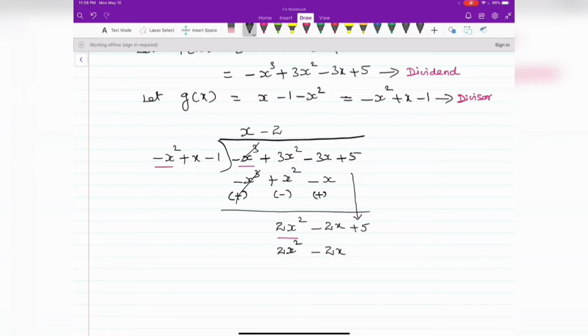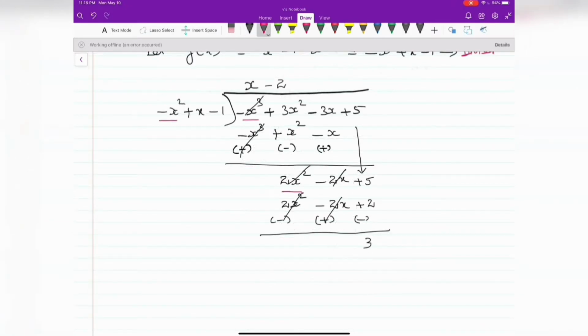Then minus 1 into minus 2 will give plus 2. Now what will happen? The sign will change. So I will be getting here minus sign, in this place plus sign, and here it is minus. Plus 2x square minus 2x square will get cancelled. Minus 2x plus 2x will get cancelled. Then plus 5 minus 2 will give me 3.